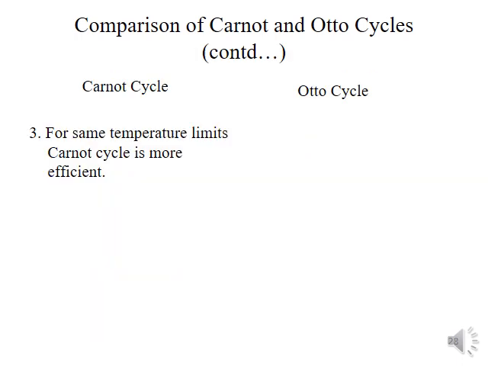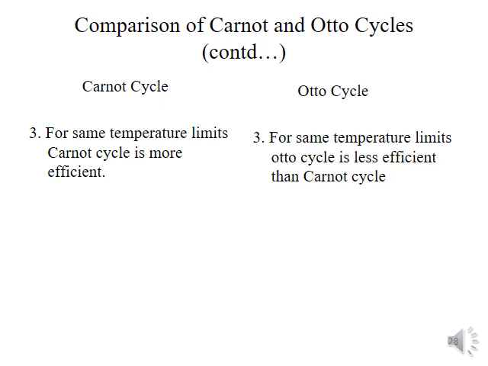Next, for the same temperature limits, the Carnot cycle is more efficient. For the same temperature limits, the Otto cycle is less efficient than the Carnot cycle. We already discussed this in the class on the Otto cycle.